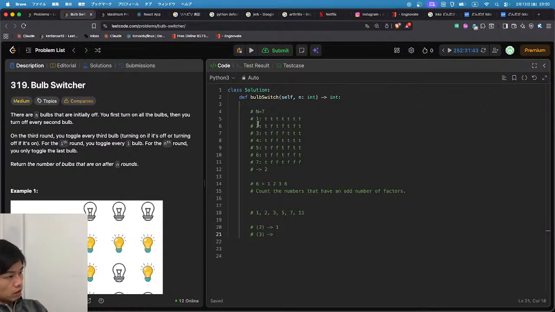When we think about 2, the answer is 1, and then when we think about 3, this part never changes, right?